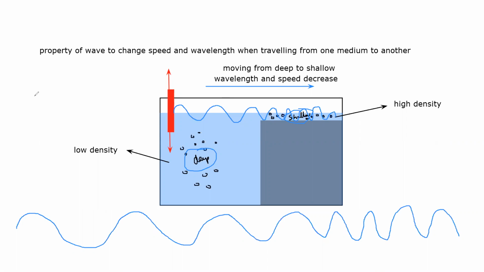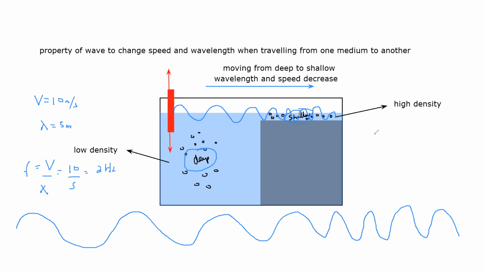For example, a wave has a speed of 10 meters per second and a wavelength of 5 meters. To find the frequency, v equals f lambda, so frequency is speed divided by wavelength. Speed is 10, wavelength is 5, so 10 divided by 5 gives a frequency of 2 hertz.